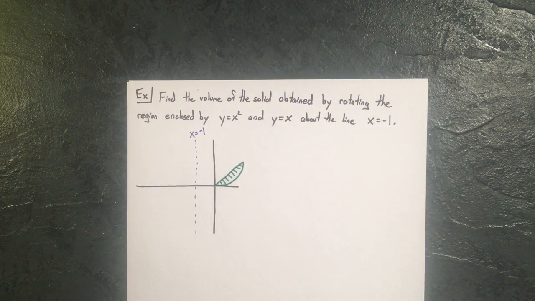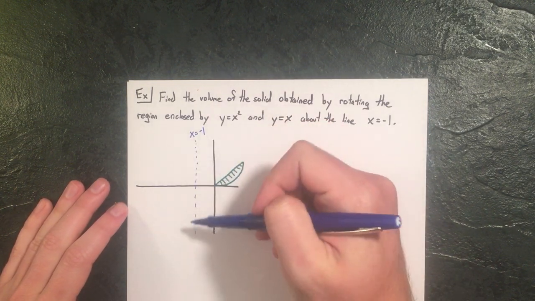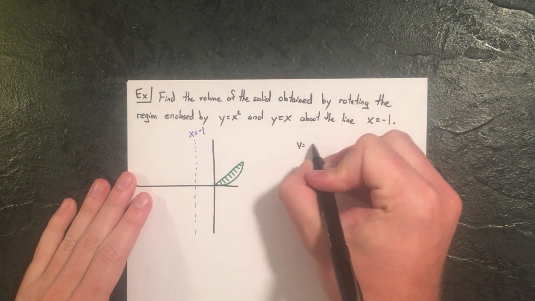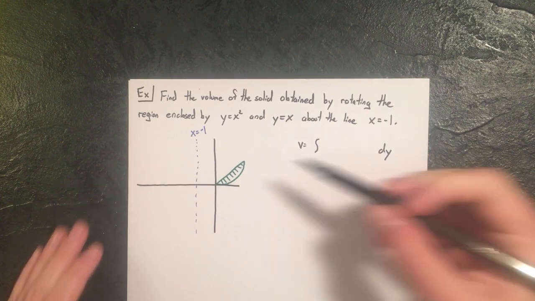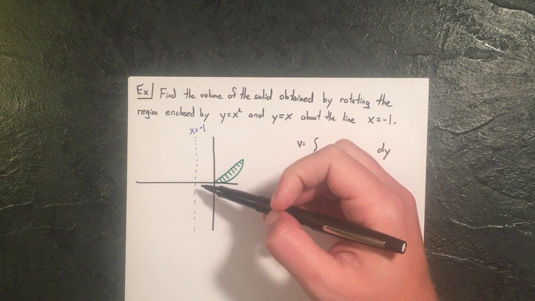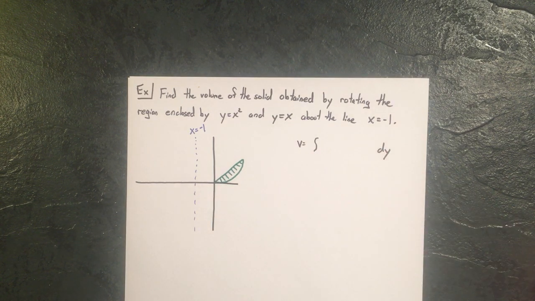Notice this is the first time in these last couple questions we're rotating around a vertical line. That should be a big indicator of when we're setting up our equation here, that this is with respect to y, since it's a line that's parallel to the y-axis. That should be something that you're just noticing right away, whether you're rotating around a vertical or a horizontal line.